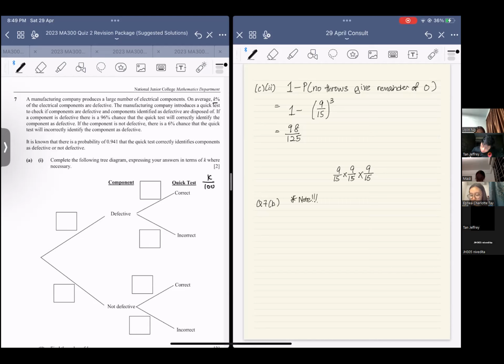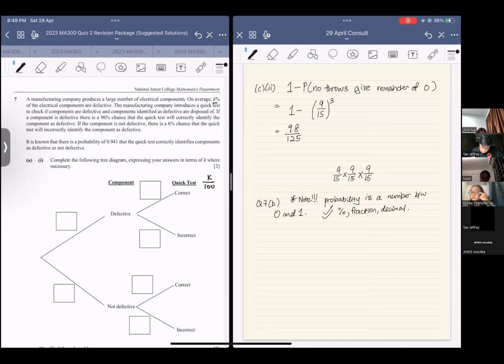On a side note, the probability is a number between 0 and 1. It can be expressed as a percentage, a fraction, or a decimal.